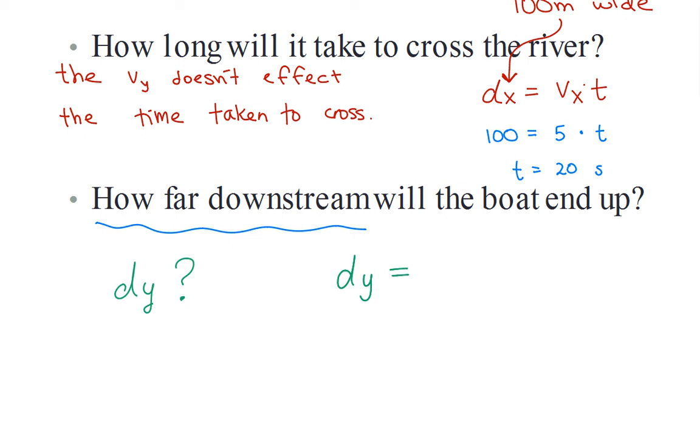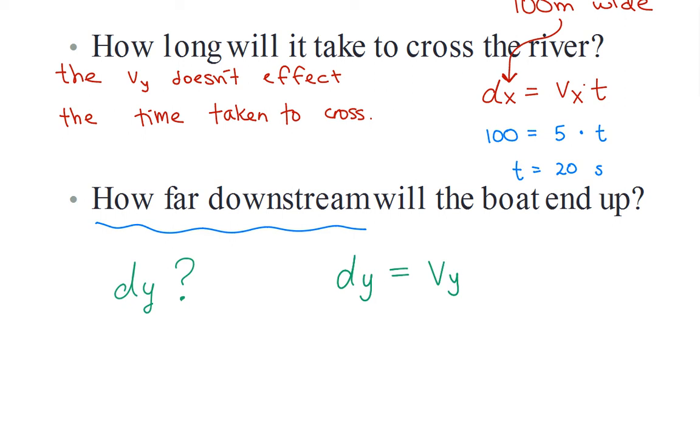If the current's going really fast, and if you've ever read old fiction books, like when humans used to ride on horses all the time, they try to cross rivers. If the river's going too fast, what's going to happen? You're going to get pushed downstream. But if the current's just going nice and slow, you can cross that no problem on your horsey. So what does dy depend on? The vy, right? That's the current speed.